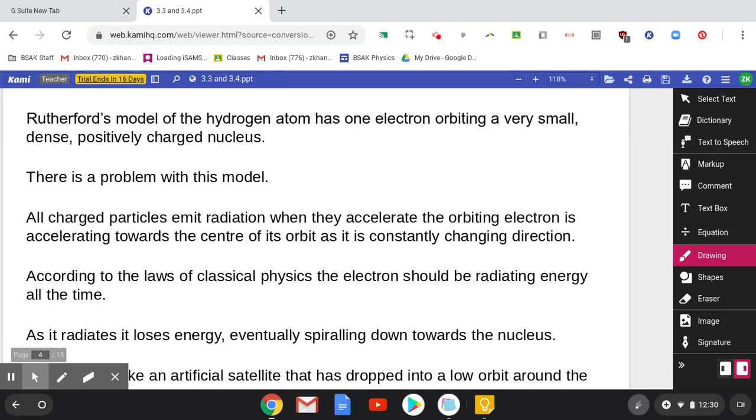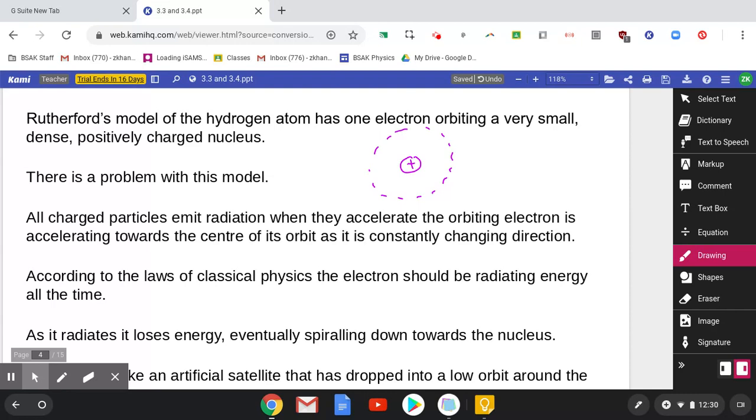So let's start off. Rutherford's model of the hydrogen atom has one electron orbiting a very small, dense, positively charged nucleus. So when Rutherford did his experiment, he said that you had a positive center and these electrons whizzing around on the outside.